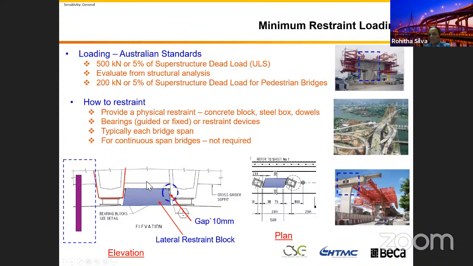We use the form of dowel because in most bridges we have a cross beam at the end. That cross beam we can dowel with the bridge substructure. And we use the bearing itself: if you use a fixed bearing or guided bearing, it provides the lateral restraint system. Normally we provide this mainly for bridges articulated or supported on elastomeric bearings.